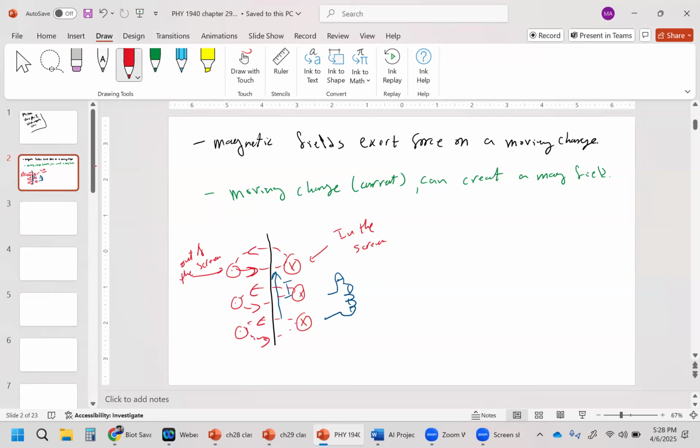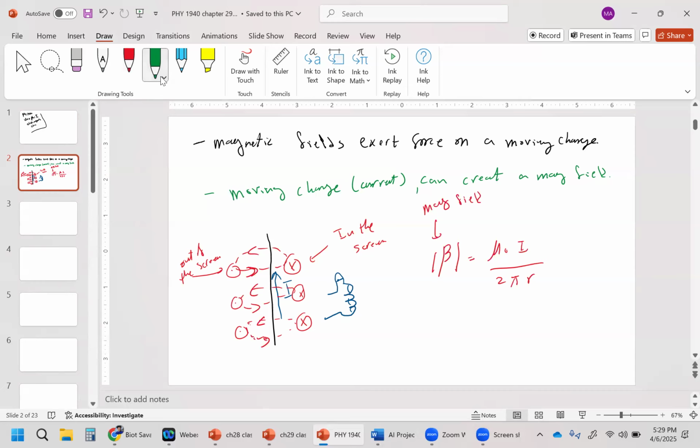And we define the magnetic field, B, as mu naught I over 2 pi r.